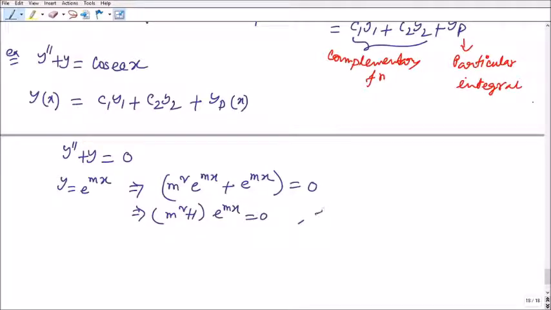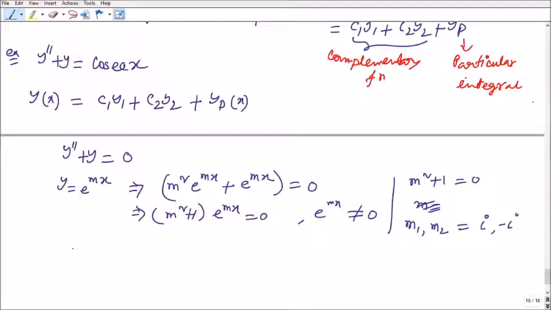Now e to the power mx cannot be equal to 0, so only m square plus 1 is equal to 0. So the two values of m, m1 and m2, are i and minus i.